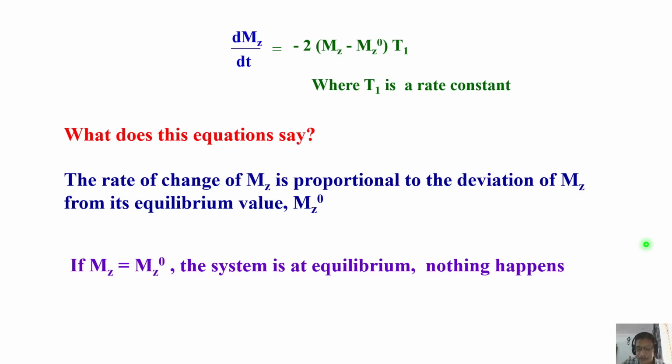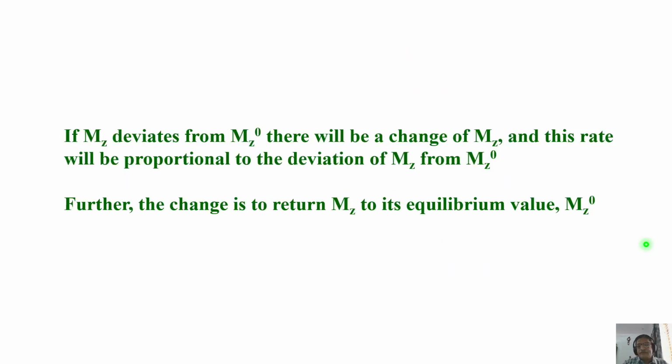Okay, that's what we want. So if Mz deviates from Mz 0, there will be a change of Mz, and this rate will be proportional to the deviation. Further, when there is a change of the magnetization, it will return to its equilibrium value. That is an important point.